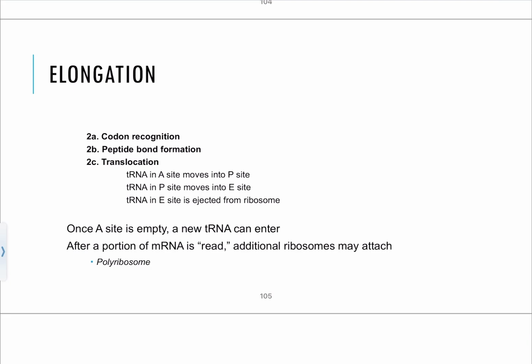After we've laid down methionine and found our start codon, we can actually go in and elongate our polypeptide by coming in and laying down more amino acids as we recognize these triplets of nucleotides. So elongation has 3 substeps. It's going to be where we come in and the tRNA recognizes the codon.